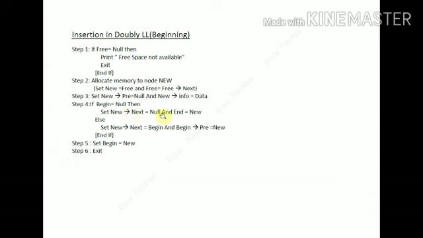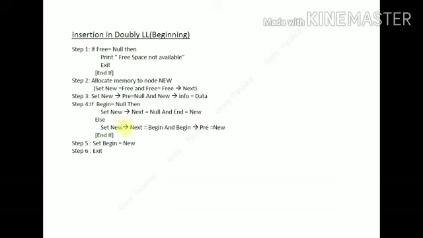This indicates that the address of the new node is given back to the end pointer. Else, if this is not the condition, that means our linked list contains more than one element, or already one element is there in that linked list. At the time we have to set new next equal to begin.